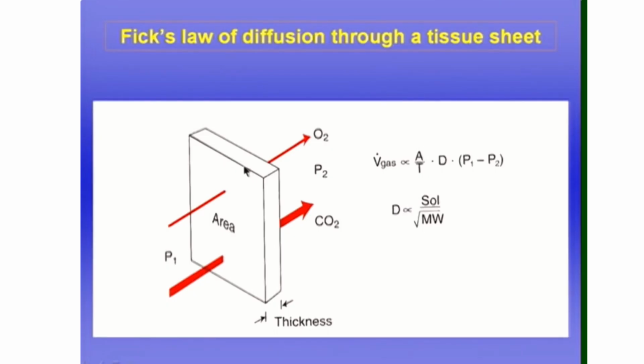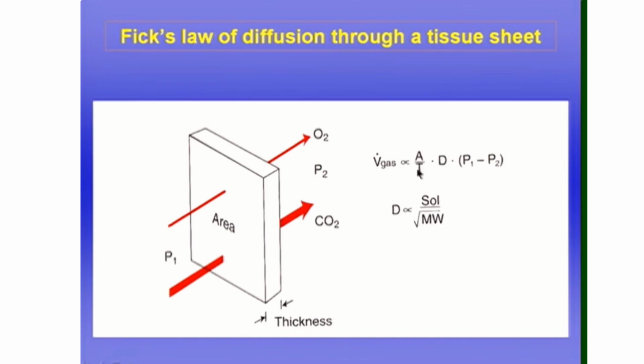What this slide says is that if we have a tissue sheet, something like a postage stamp, for example, then the volume of gas which moves across the tissue sheet is proportional to the area of the sheet, proportional to a constant, which is called the diffusion constant, and the difference in partial pressure between one side of the sheet and the other. It's also inversely proportional to the thickness of the sheet.